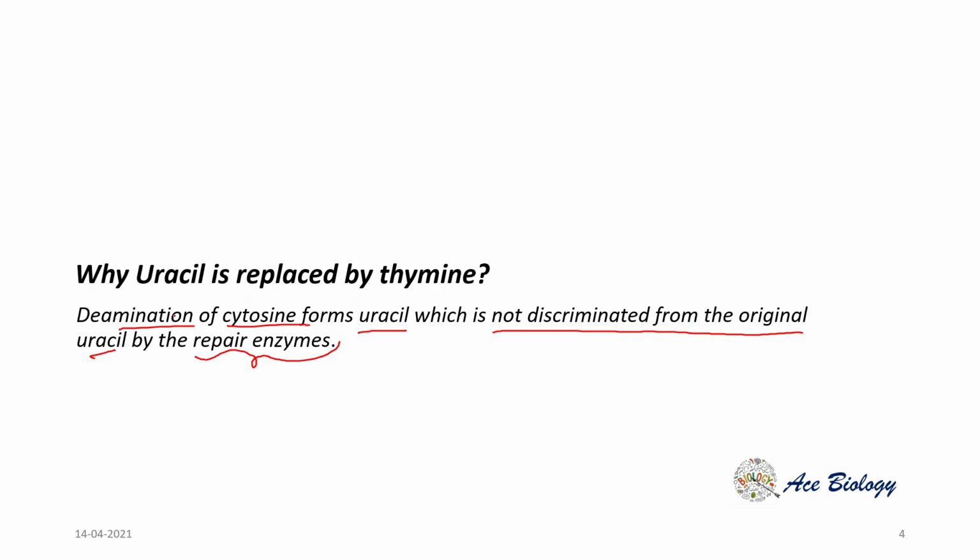So that's why uracil was replaced by thymine. Somewhere it makes the DNA more stable as compared to the RNA. Even if some error occurs, these repair enzymes will quickly catch the error and rectify it.